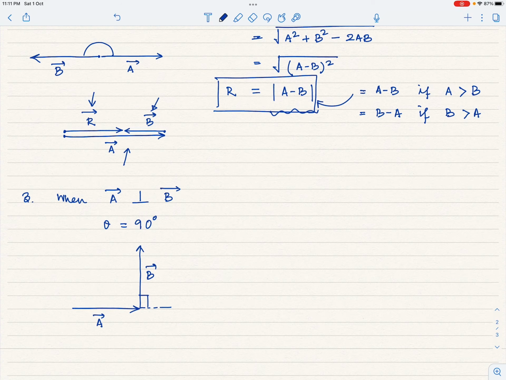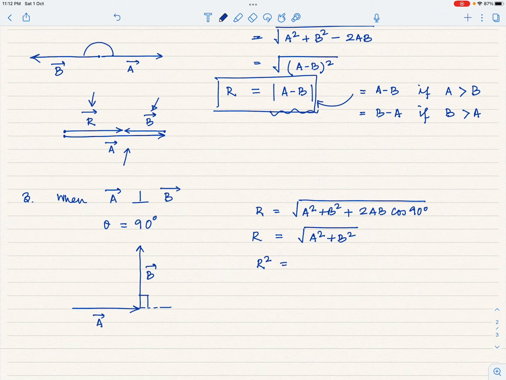So in this case, what will be the value of R? R will be square root of a squared plus b squared plus 2ab cos 90, and cos 90 we know is 0. So the third term will go to 0 and we will be left with square root of a squared plus b squared, which is R, and this can also be written as R squared is equal to a squared plus b squared, which is nothing but an expression similar to the Pythagoras theorem.